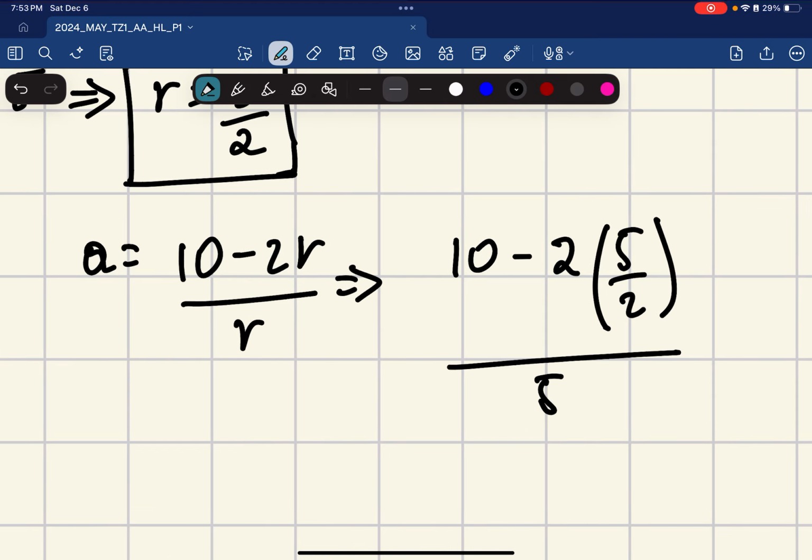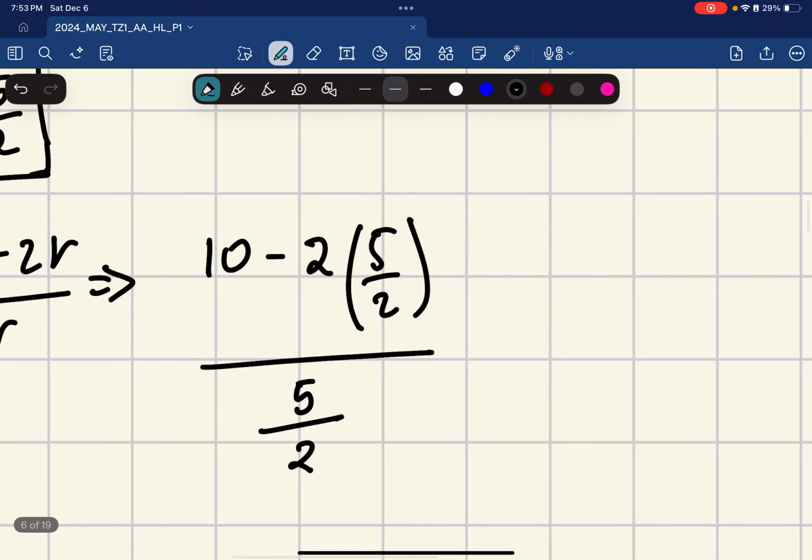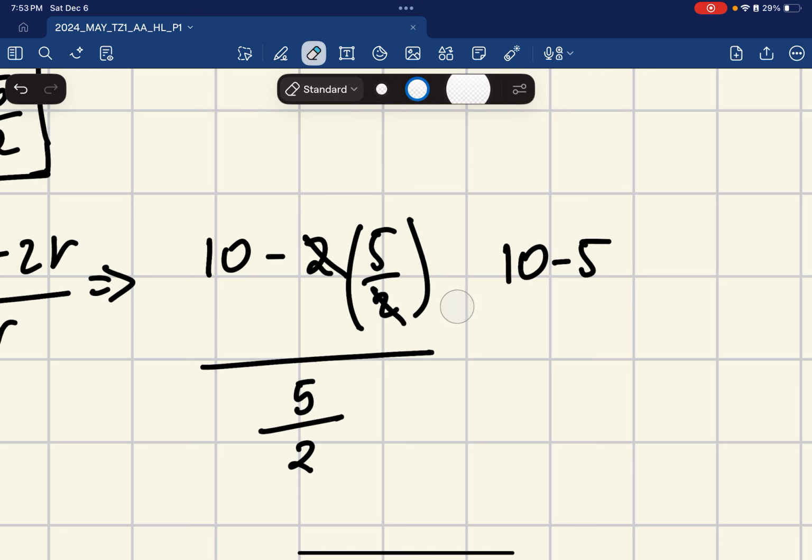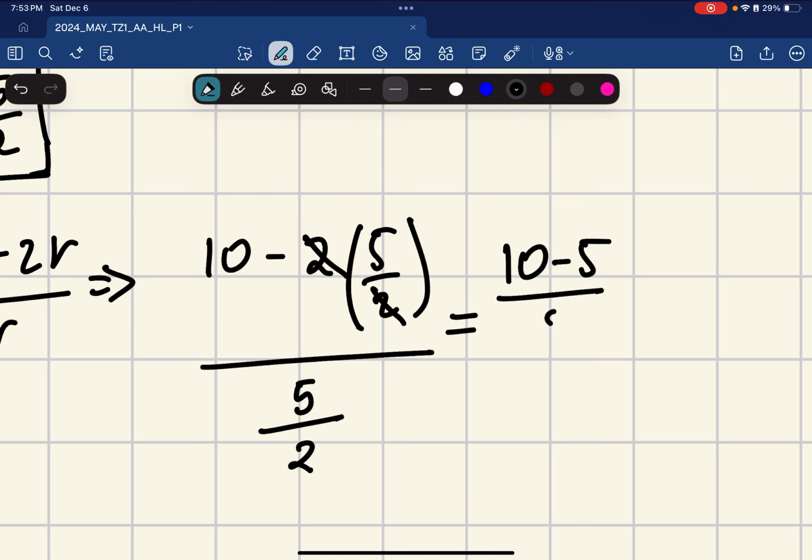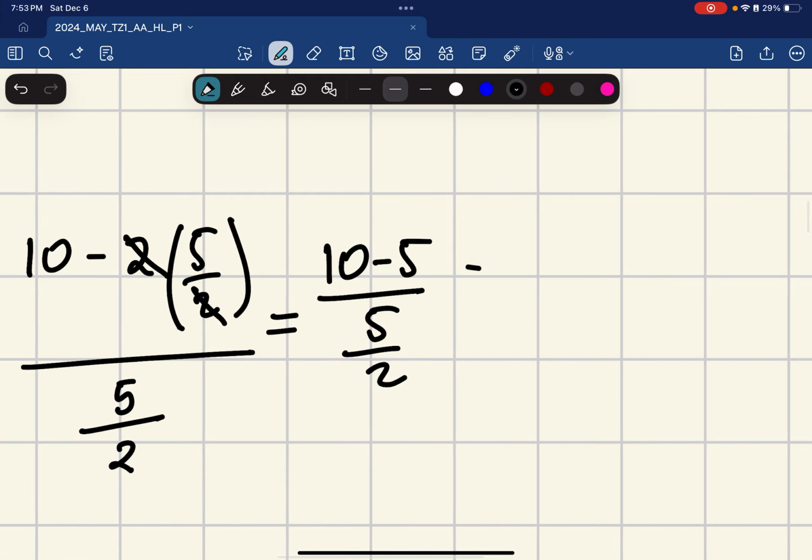R is 5 over 2. Sorry, my 5 is actually ugly. Here, this one we cancel, so I end up with 10 minus 5 over... actually, I'm just going to do it step by step. Over 5 over 2. The rest will be 5 over 5 over 2.